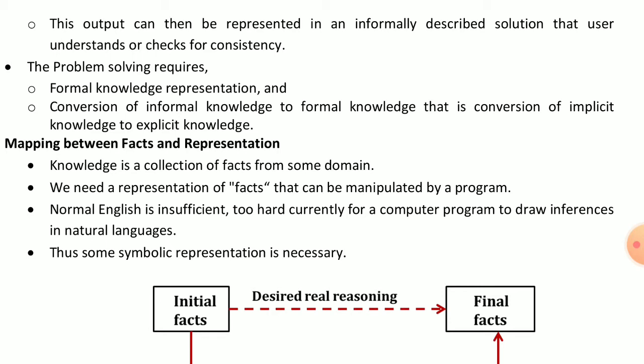Here we use explicit knowledge and implicit knowledge. I explained them in the first video. So these are the basic things which are required to solve the problems. Next is mapping between facts and representation.